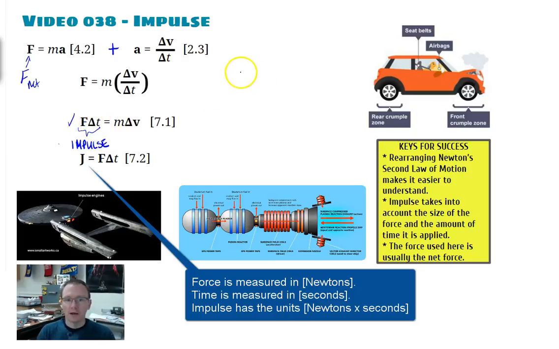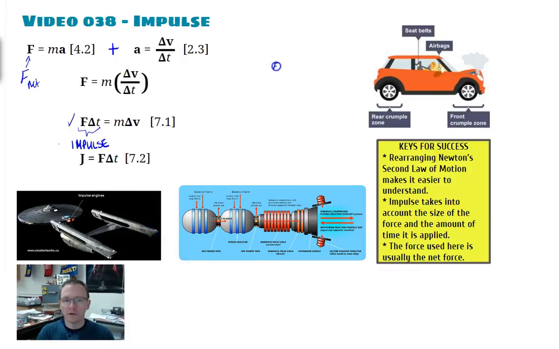If I apply a small force over a small period of time, I end up with a small impulse. And you can assume that these are vectors right there. However, if I instead apply a large force over a small period of time, I end up with a much larger impulse.